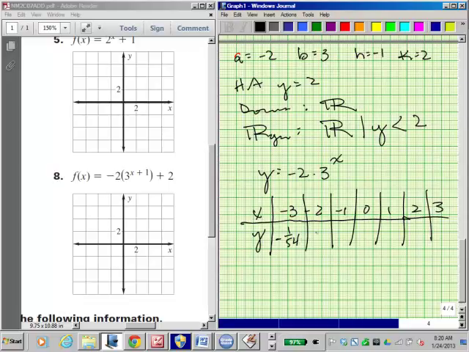Then we got -1 over 27, -1 over 9. Okay. -1 is 1 over 3 times -2.